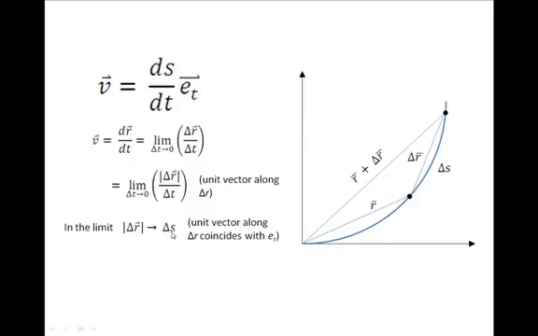And also one more thing, in the limit delta s by delta t, limit delta t tending to 0, becomes ds by dt.